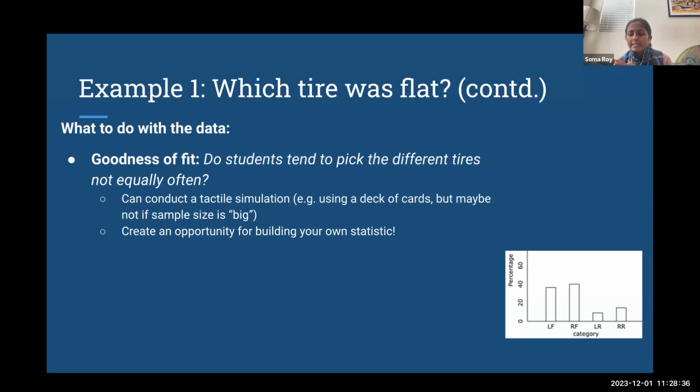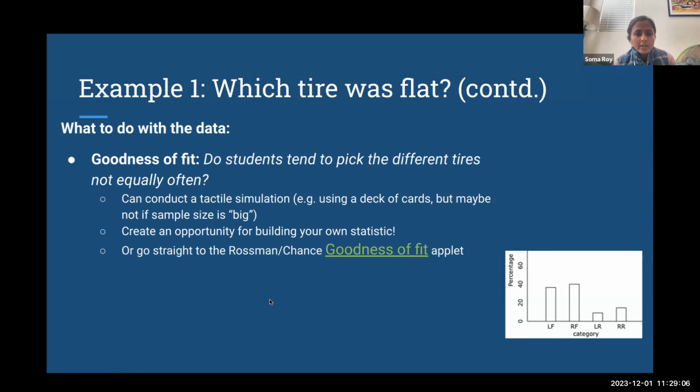So this is what the right front, left rear, right rear counts look like, and then comparing it to some expected counts. So you don't necessarily have to go to the chi-square distribution. And if you think that your students are not ready for it, you don't have to go there. You can talk about, okay, how would you measure how much the discrepancy is between what you're seeing in our data and what you're expecting to see in our data.